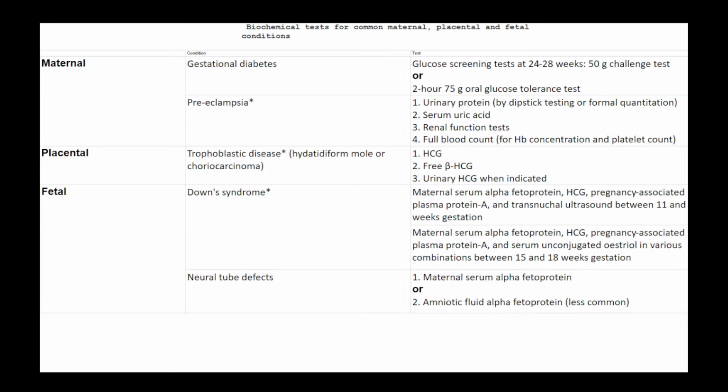So these tests we can use for fetal and maternal diseases during pregnancy. And you can see conditions which we can find with the help of these biochemical tests.